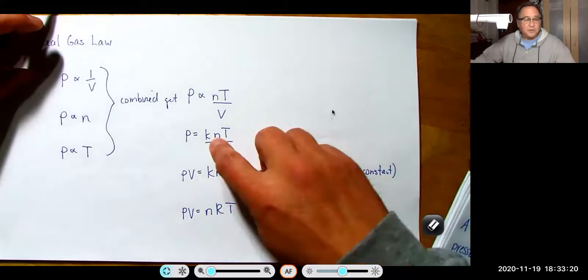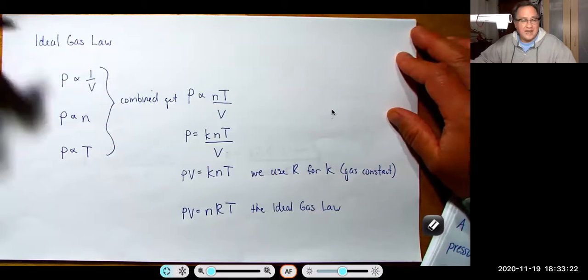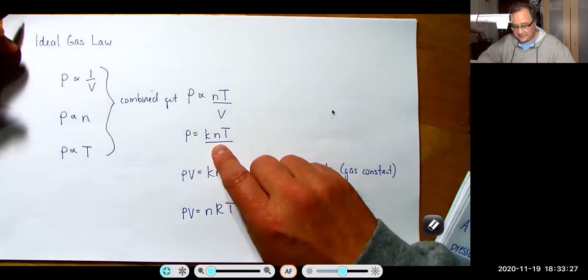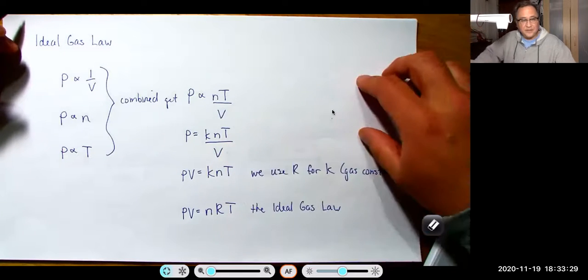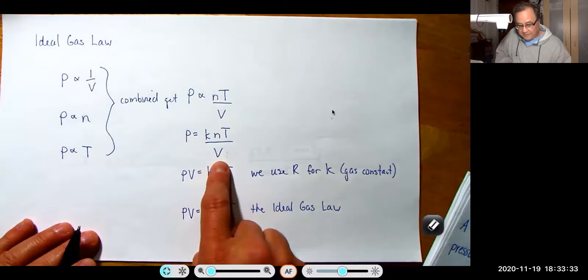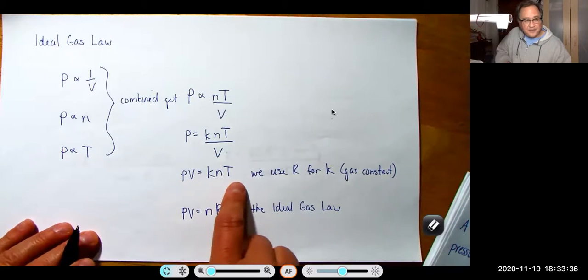In this case, I'm just going to call it K, a general proportionality constant that involves N, T, and V. When we put everything in the numerator, we get PV is equal to K N T.